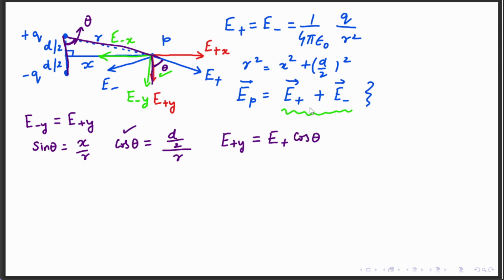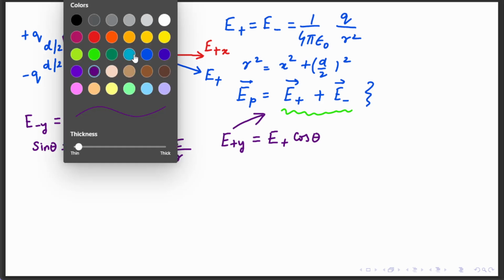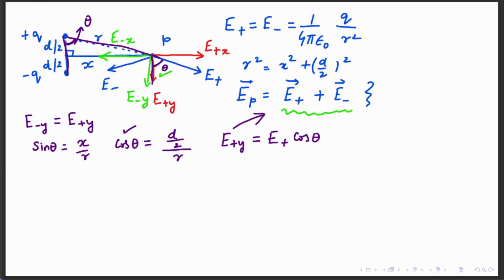Therefore, let us substitute E plus y and E minus y into this equation. If we substitute E plus y and E minus y into the above equation, we get E of P equal to E plus cos theta plus E minus cos theta.